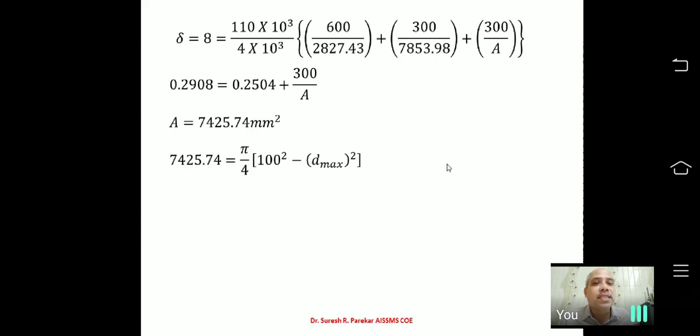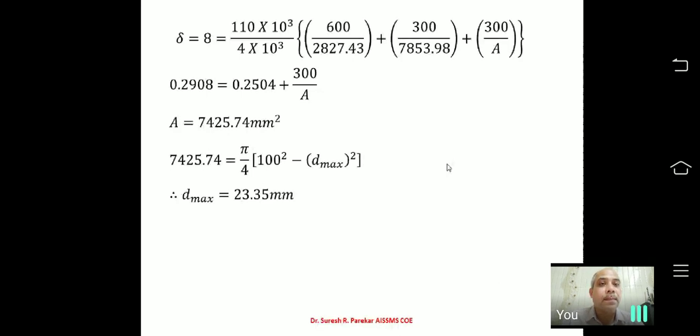Now from this we will find: the required area 7425.7 is equal to pi by 4 into, we have solid diameter as 100, so 100 square minus, we have to make a hole of D max, so D max square. So by solving this, I will get the value of D max, that is equal to 23.35 millimeters.